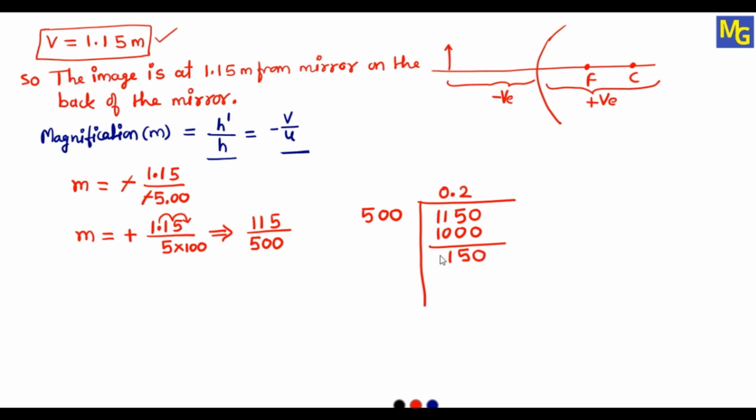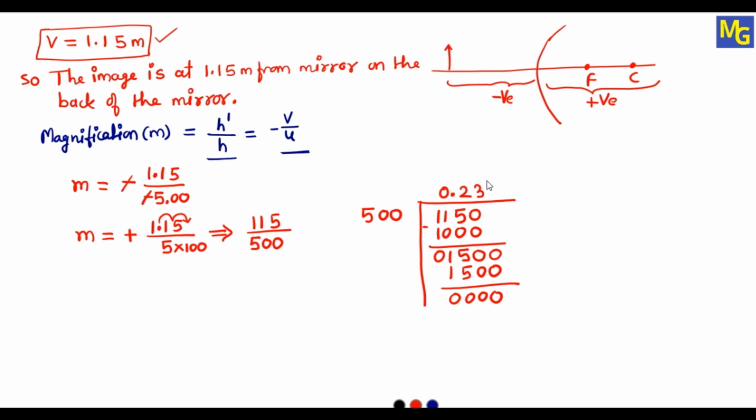It will be cancelled out because here there will be a negative sign. Now again it is 150, so I'll take one more 0. And now if you see in the 500 table, 500 into 3 will be 1500. So I will take 1500 and this will be 0. See, this whole thing will be cancelled and this will be our answer.